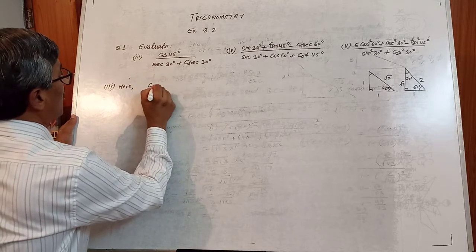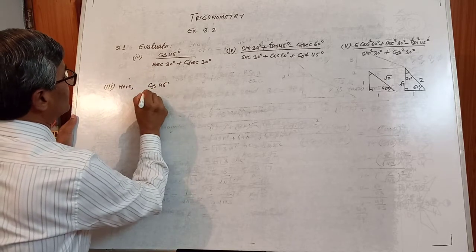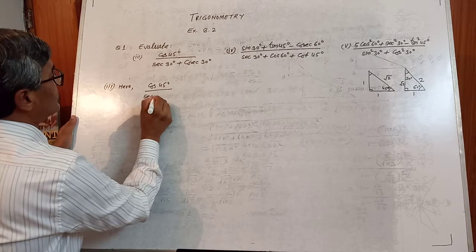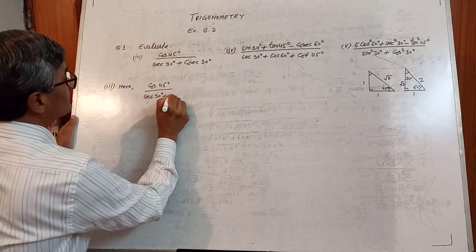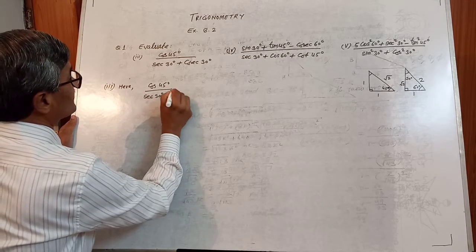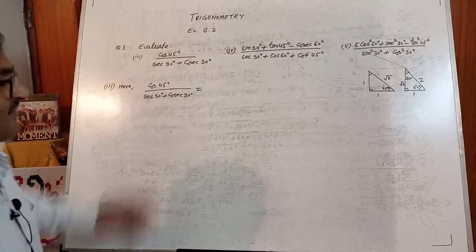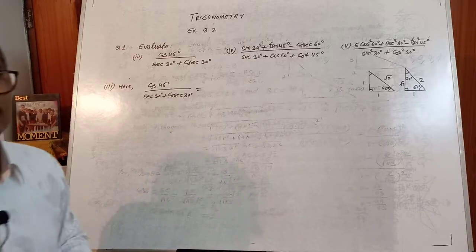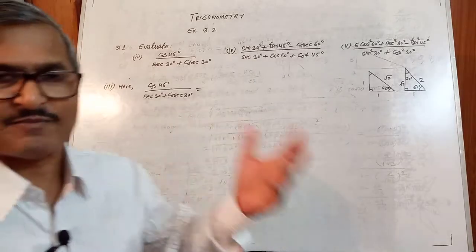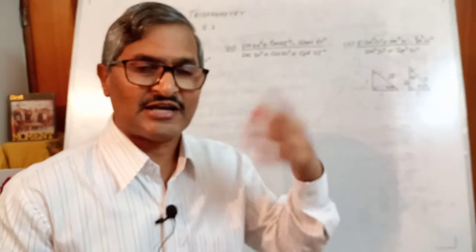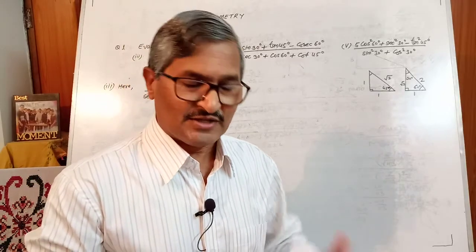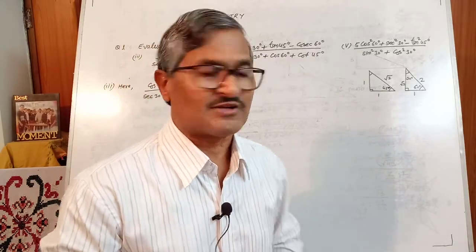Here it is cos 45 degree divided by sec 30 plus cosec 30. From there you can see what cos 45 degree is. Either you remember it in your mind or you can remember it with the help of the table. There are many methods to remember the values.